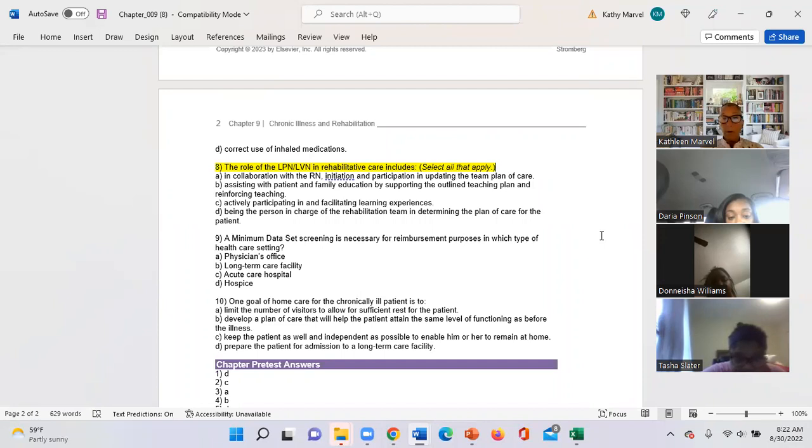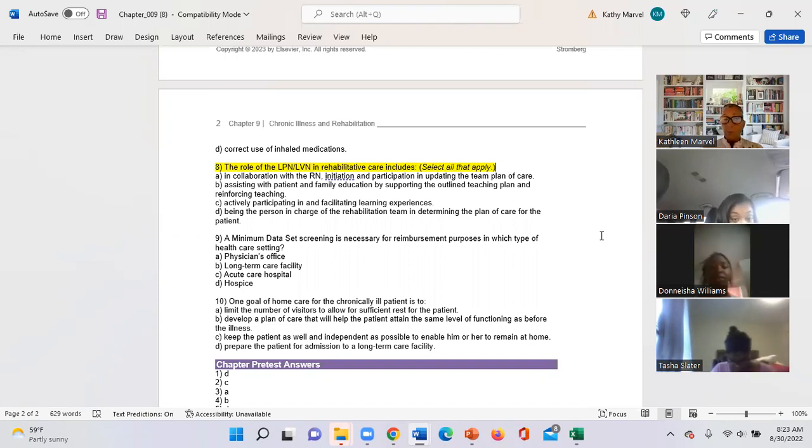That's a big part of our job, right? So B is correct. What about actively participating and facilitating learning experiences? Is that part of what you do? Yes. What about D, being the person in charge of the rehab team and determining the plan of care? No. Why is that incorrect? Unfortunately, LPNs can't take control. So A, B, and C are correct. D is incorrect.